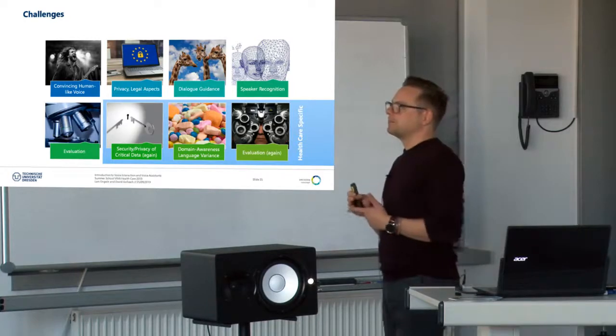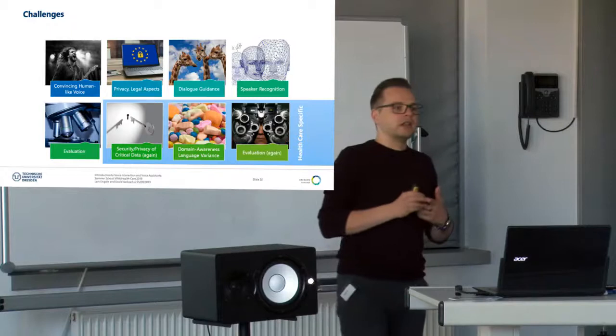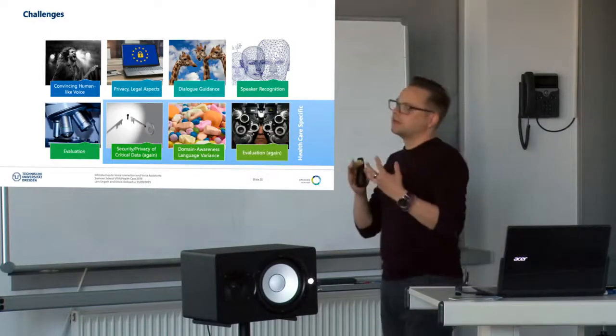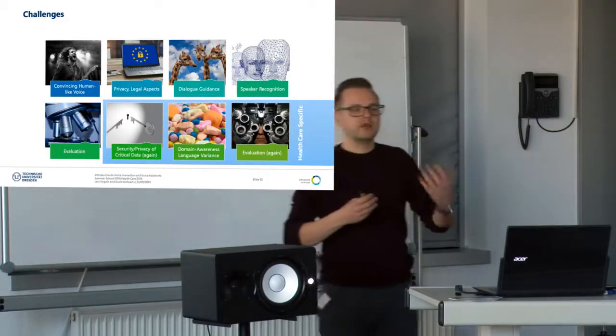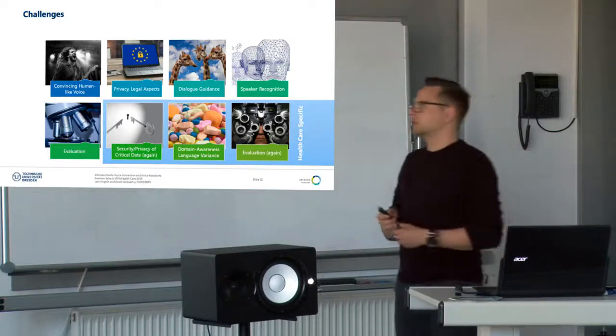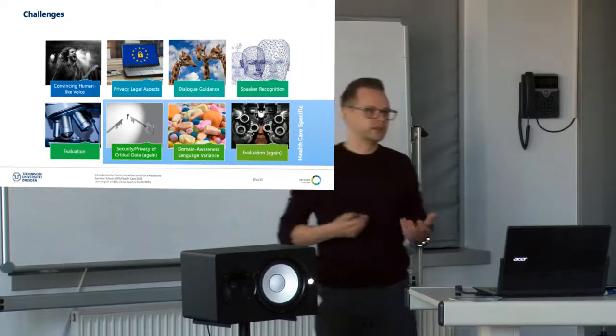Secondly, there's a huge concern about privacy. There are a lot of legal aspects playing a role here. You have to be aware of what the voice assistant is able to listen to, what it is allowed to listen to, and what it is allowed to talk about in front of an audience.